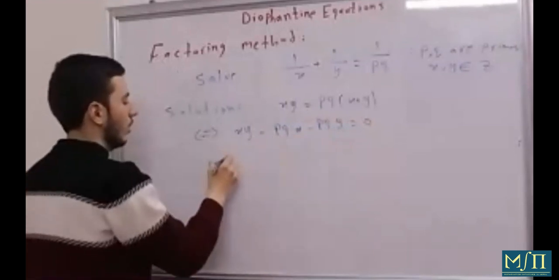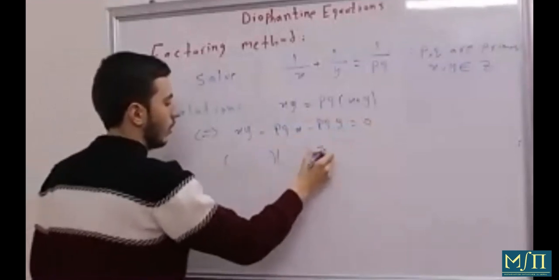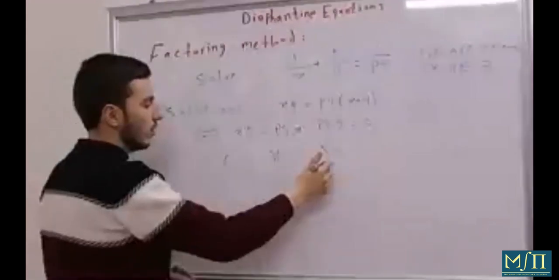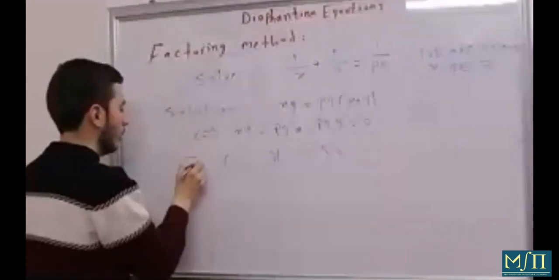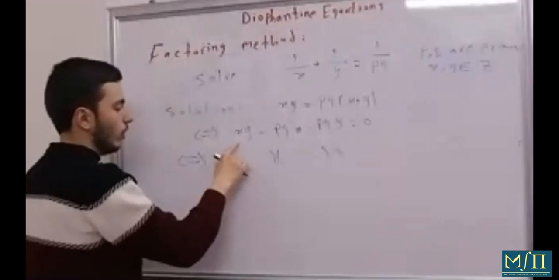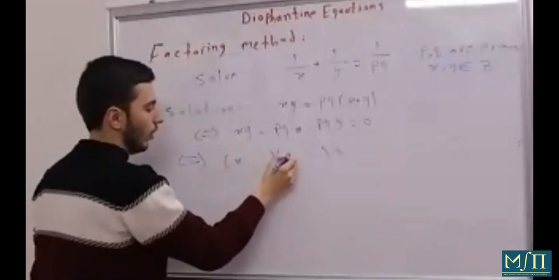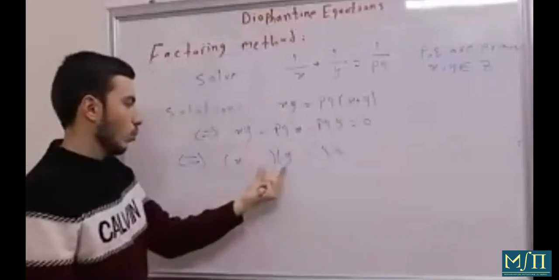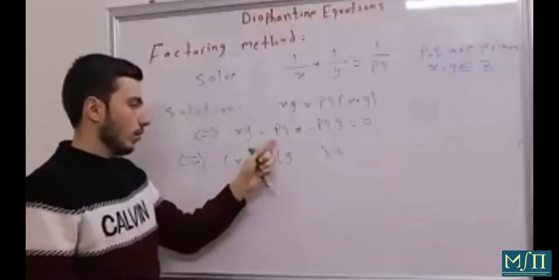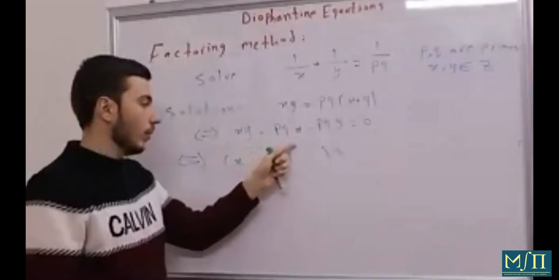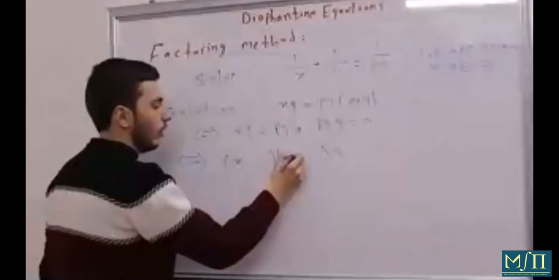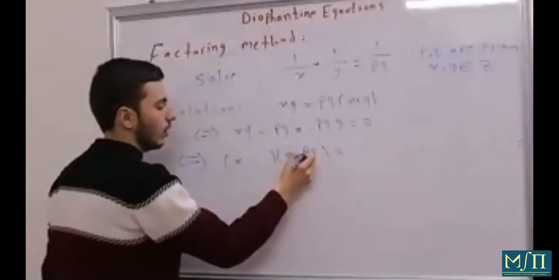We'll write two brackets equals some number. Here we should have an x, and here we should have a y. So how can we get minus p times q times x? We need minus pq, right?